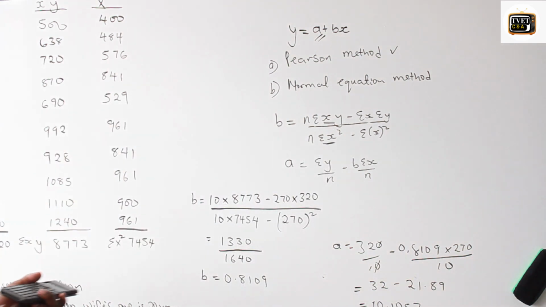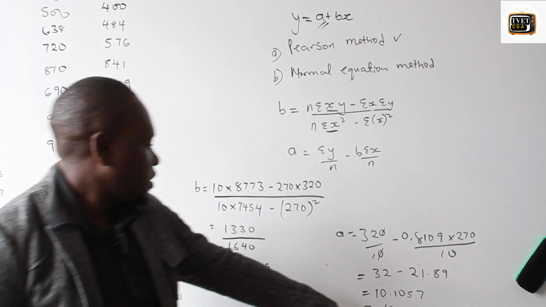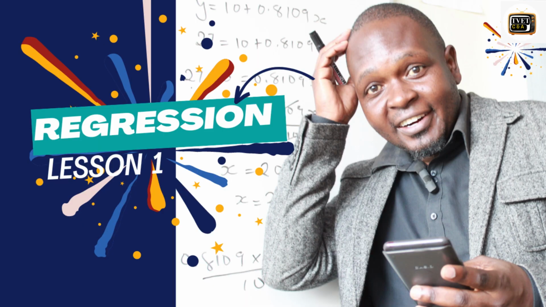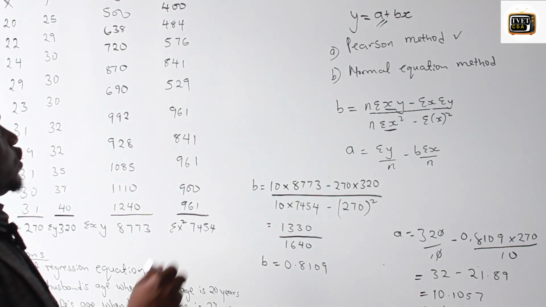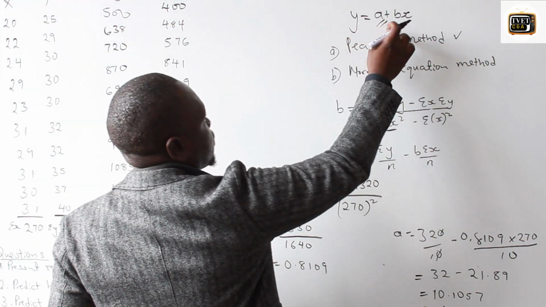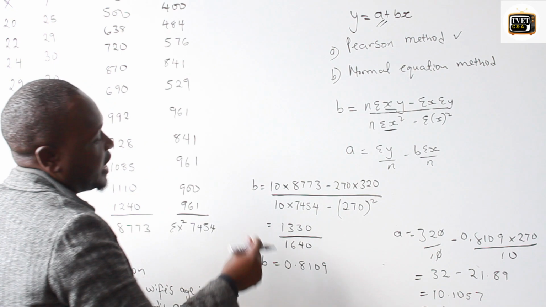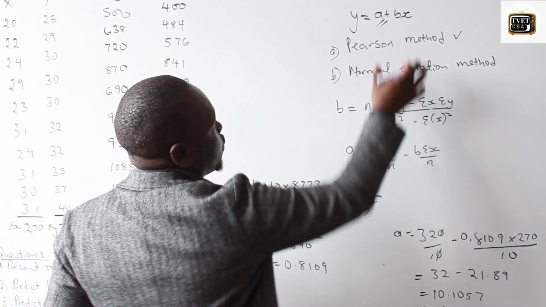Now we have the value of a, 10, and the value of b, 0.8109. Remember, our linear equation was y is equal to a plus bx. Now you substitute these values into our equation.